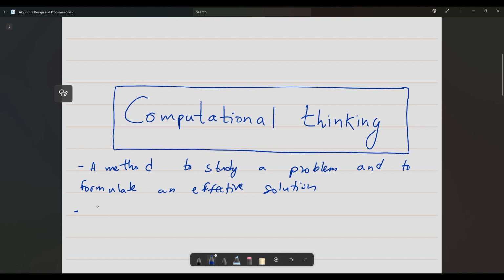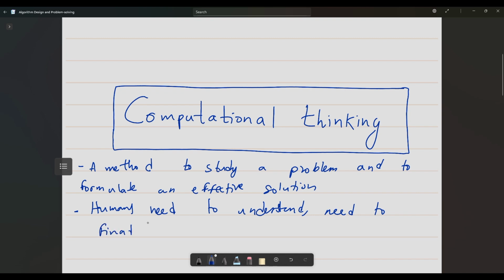So first of all, humans need to understand the problem, and we need to find a solution that computers can execute. That is the crux of computational thinking.